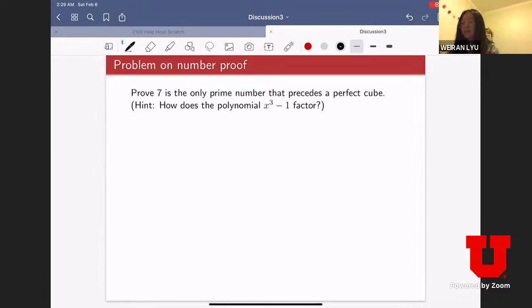We have the hint: how does the polynomial x cubed minus 1 factor? Or just read the problem. We want to prove 7 is the only prime number that precedes a perfect cube. How are you going to set up the problem?